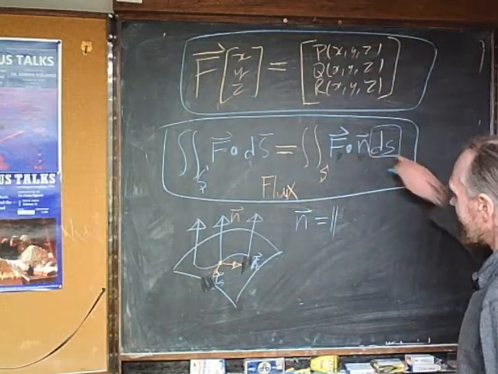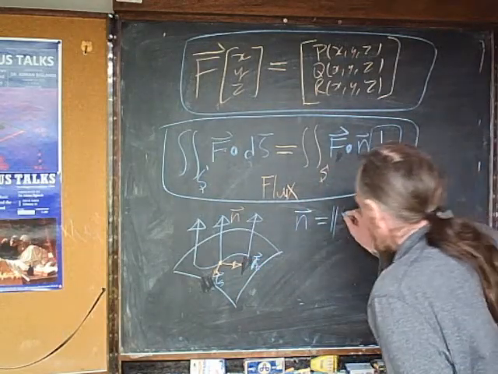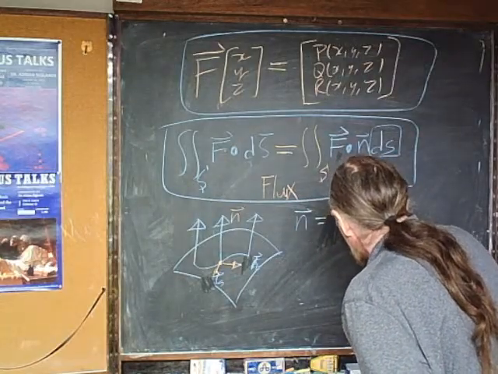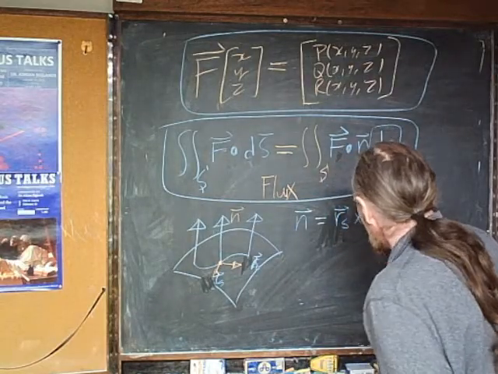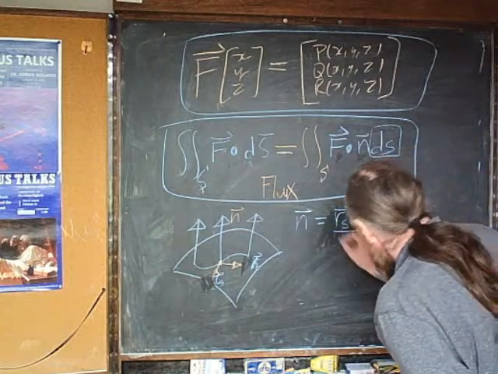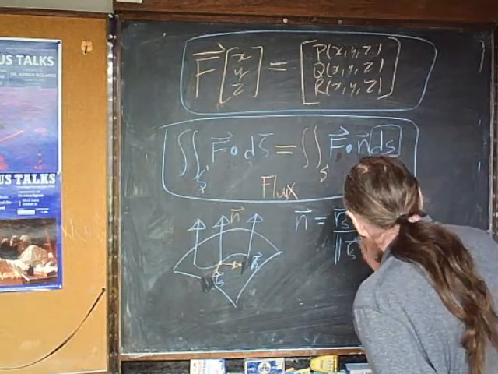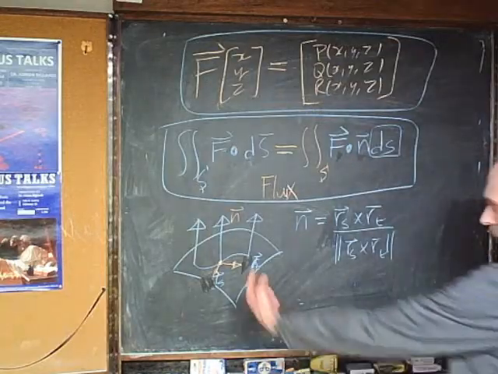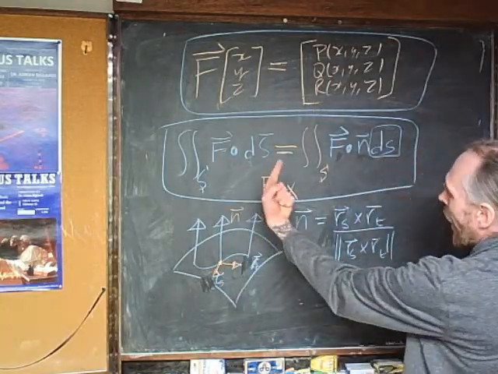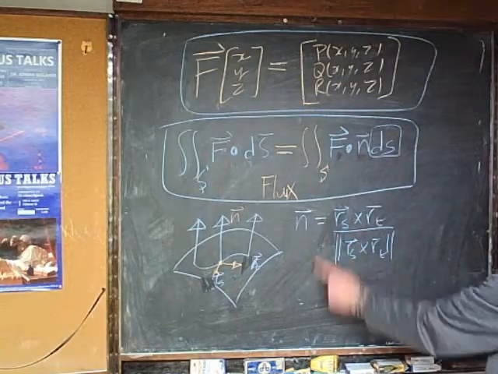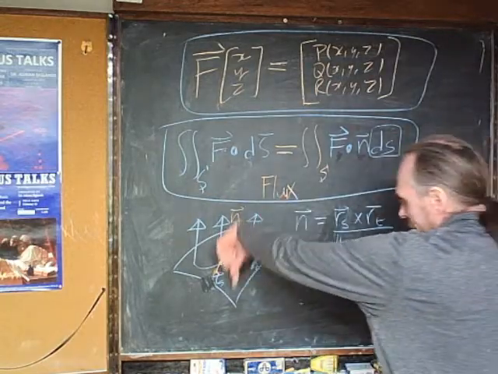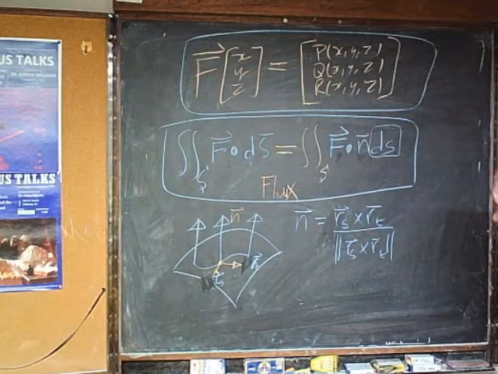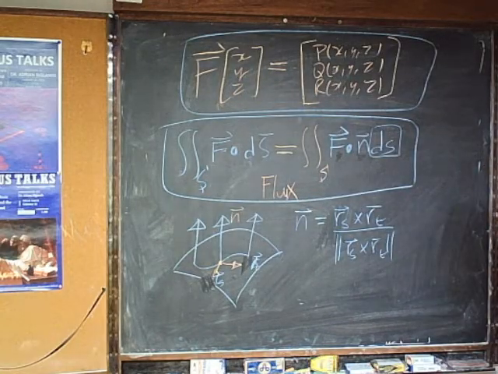We scale that for the dS, but it's going to be r_s cross r_t, and then how do you create a unit normal vector? You divide by its length. So now this is the orientable manifold. We can orient it upwards, and this will be the unit normal vector. If you use the negative, you can do the downwards or inwards orientation as well, but usually they want the outwards one, so you can see what flux is coming out of this.